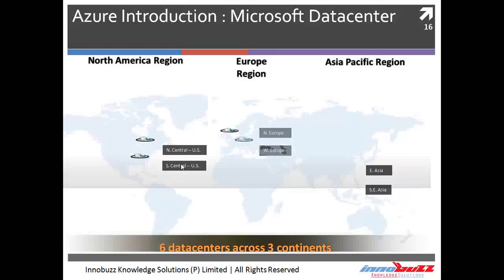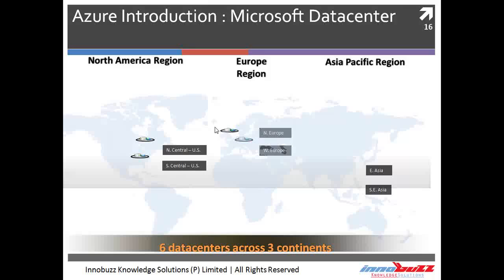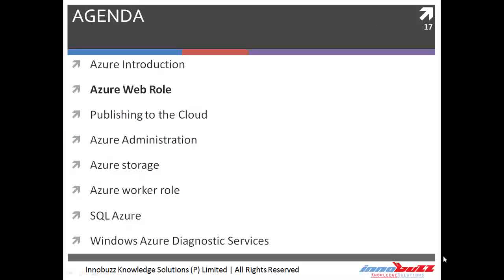So geographically they have 6 data centers across 3 continents, which is a good policy to support the data to be stored, and they can promise a persistent data storage. Okay, so with this we are finished with the Azure introduction, and now we have the Azure web role.